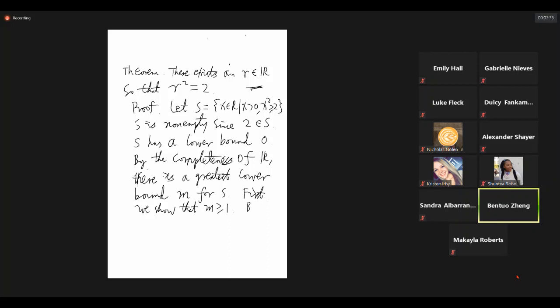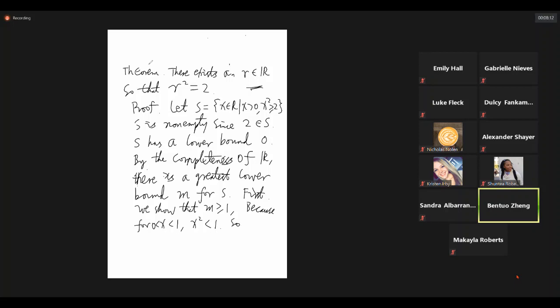Because for any x greater than 0 but less than 1, x squared would be less than 1, so x squared is less than 2. That means all the x's in S cannot be less than 1.